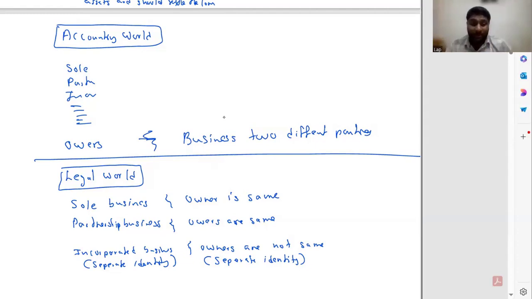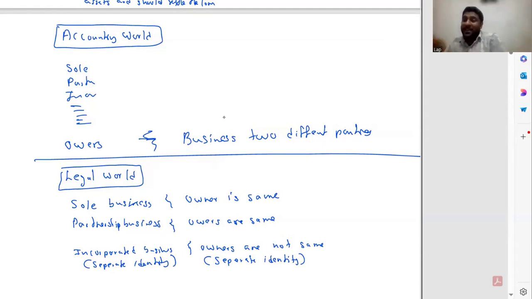Not for the sole trader business, not for the partnership business. For the incorporated business, in the legal system, they are taking that business as a separate person. Do you know that?